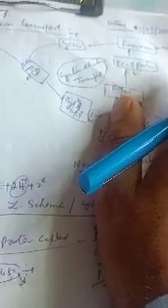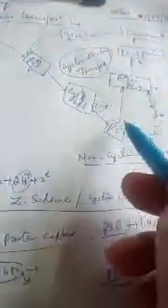Now from there, the electron moves to another electron carrier, that is ferredoxin. Then it reduces NADP+ to NADPH with the help of the enzyme ferredoxin NADP reductase, and one electron from ferredoxin moves to cytochrome B6. From cytochrome B6, it moves to plastoquinone.